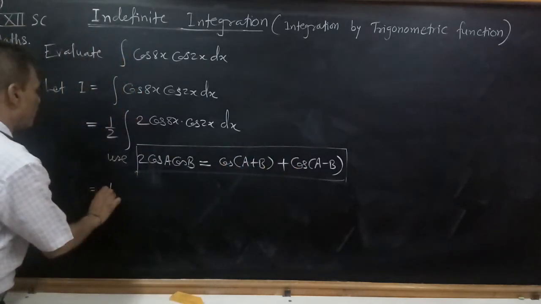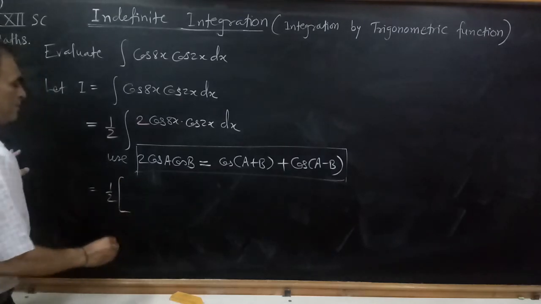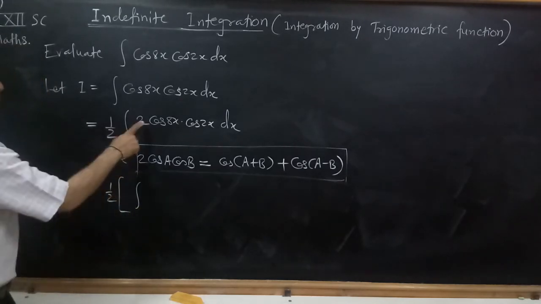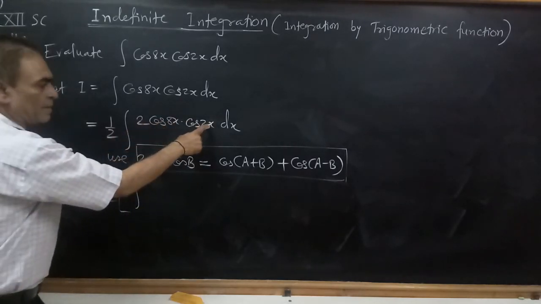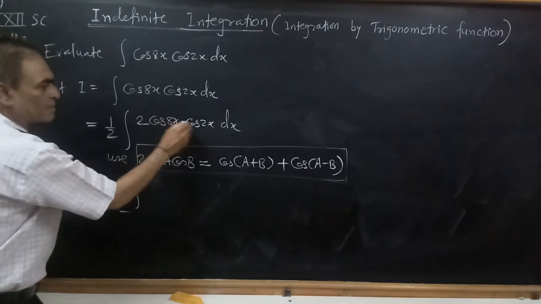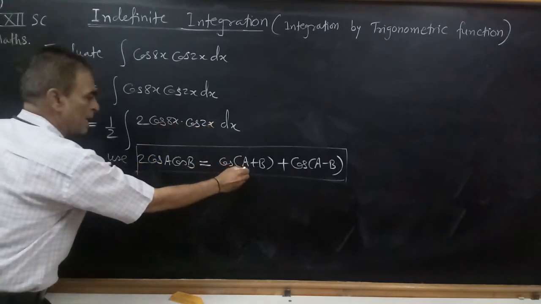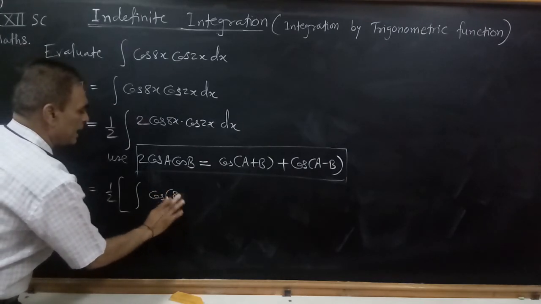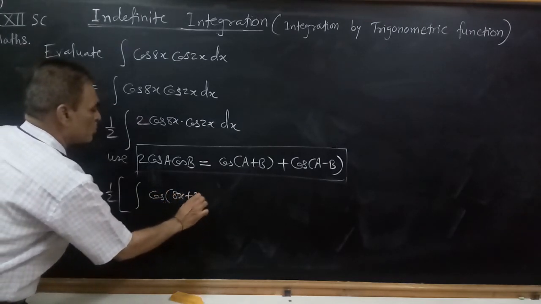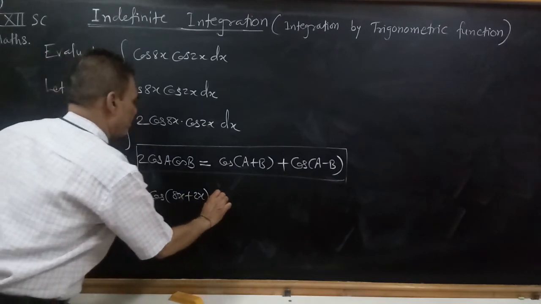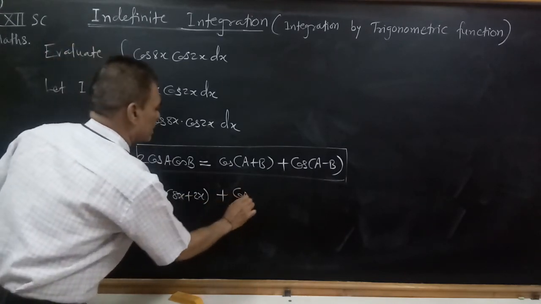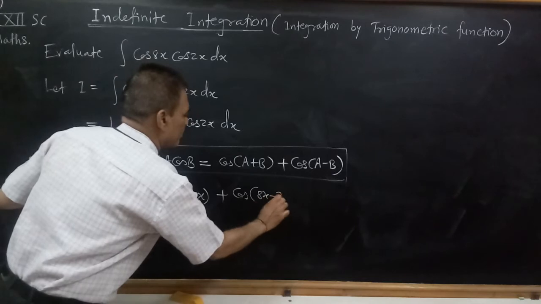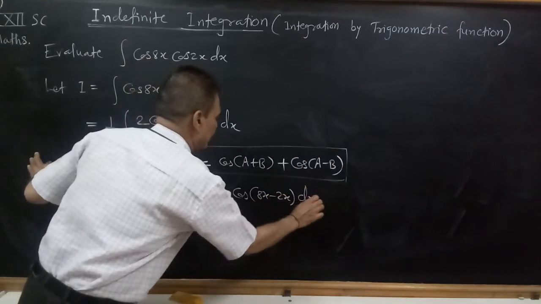Therefore, 1/2 into bracket integration 2 cos a cos b. A means 8x, b means 2x. Apply here. You will get cos 8x plus 2x plus cos 8x minus 2x into dx.